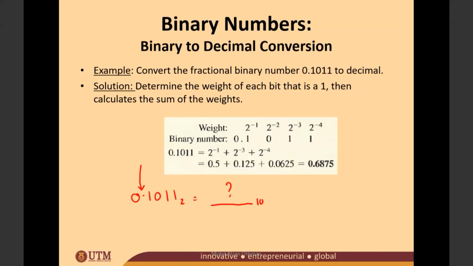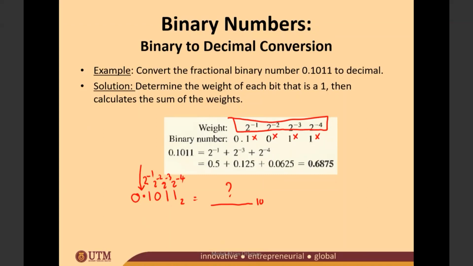Okay, so this is a nombor perpuluhan lah. Kamu identify, dapatkan dia punya perpuluhan. So yang ni kamu tahu this is 2 power of negative 1, 2 power of negative 2, 2 power of negative 3, and 2 power of negative 4. Okay, so kamu dapatkan dia punya pemberat.